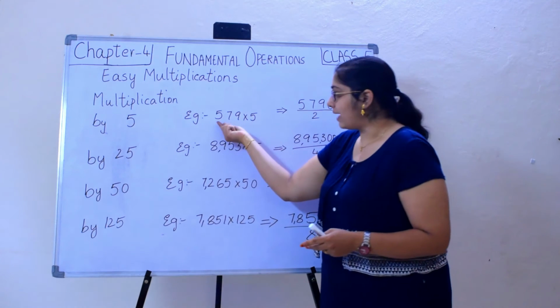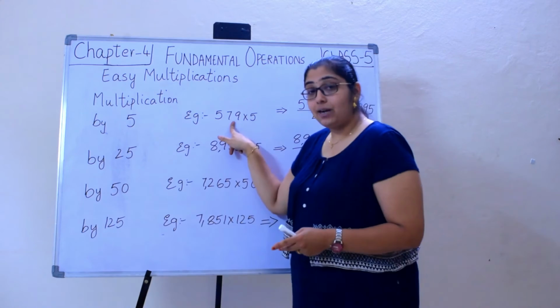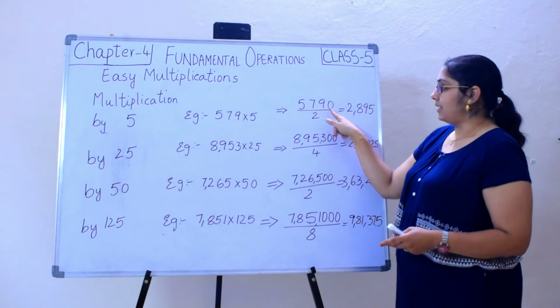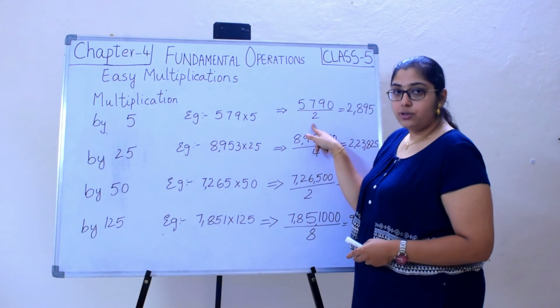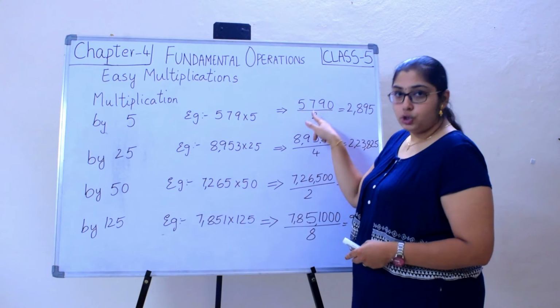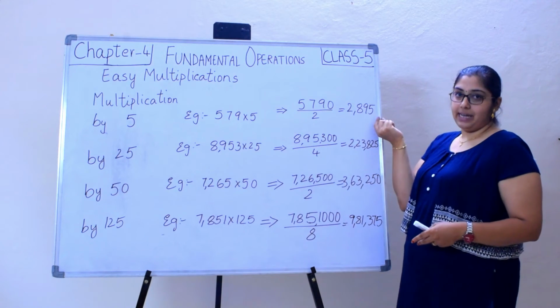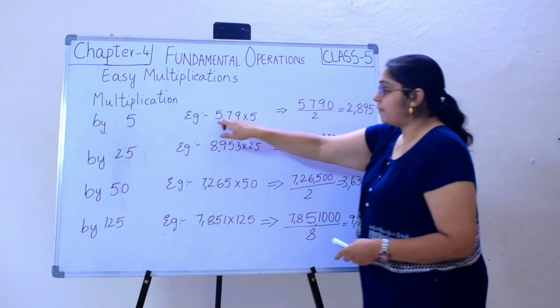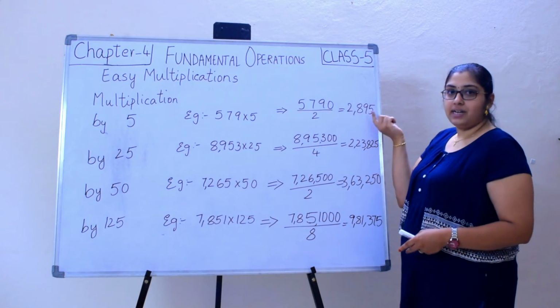I will add 0 to this number 579, then it will become 5790. Then I am dividing it by 2. Then the answer is 2895. So when we multiply 579 with 5, we get 2895.